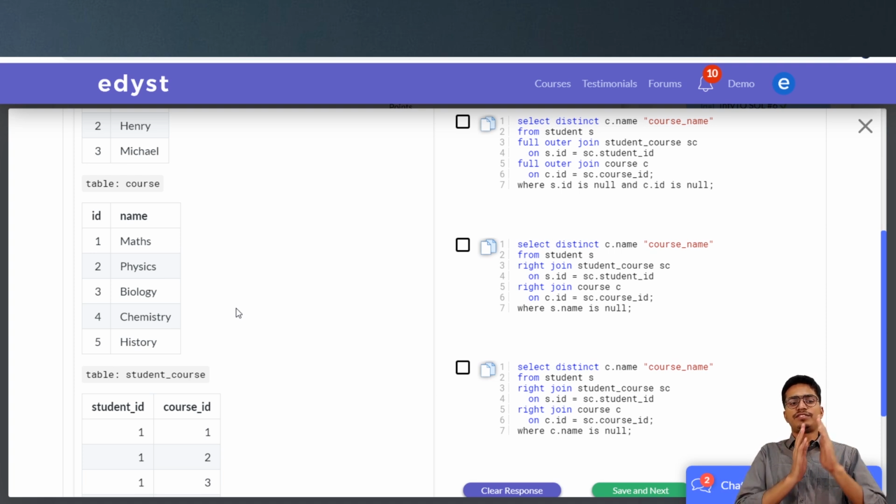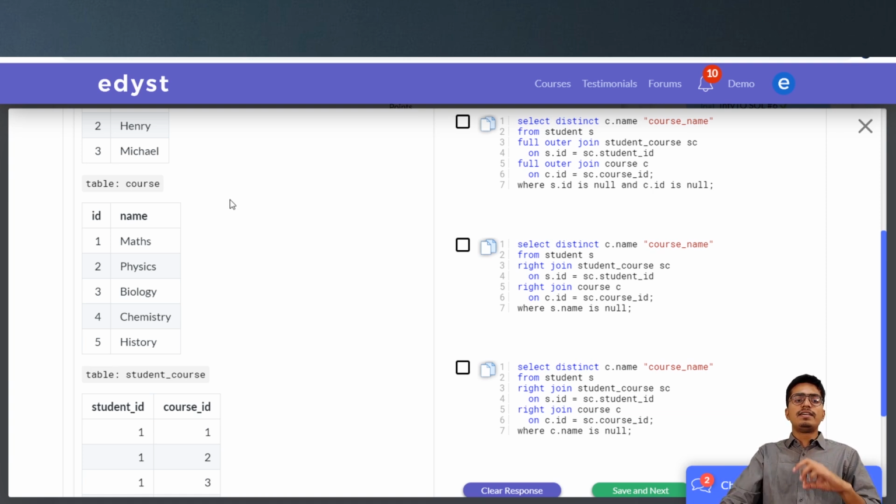So if students is on the left, student course is in the center, and course is on the right, then it is guaranteed that every row in the course table is going to come for sure. If these rows don't match to whatever is in the center or the left, then we'll find null values for them.